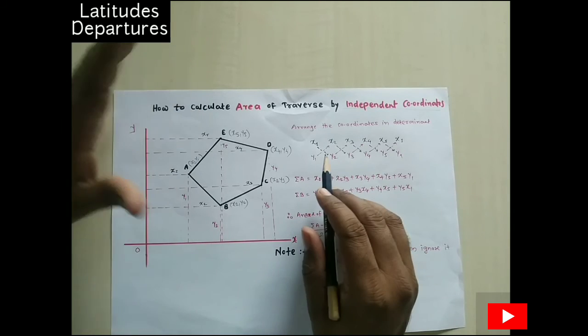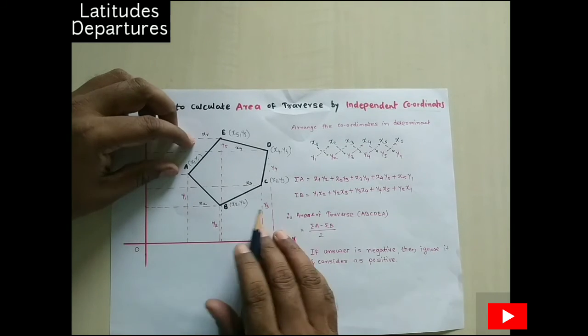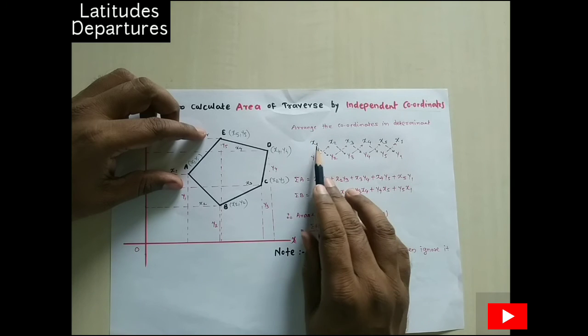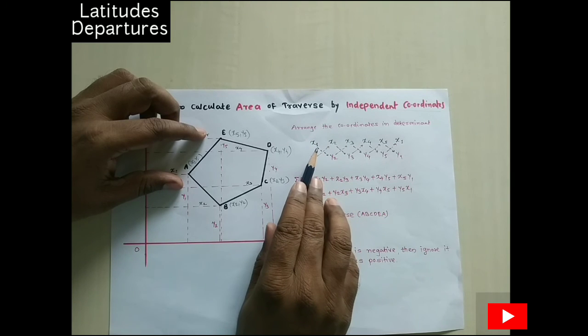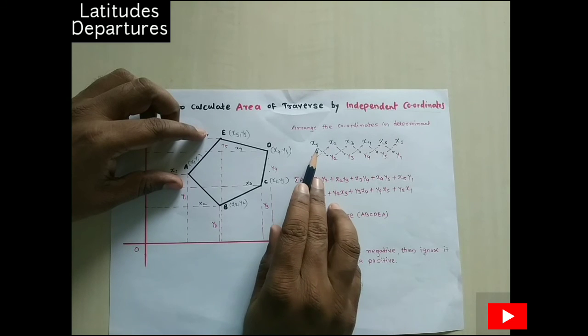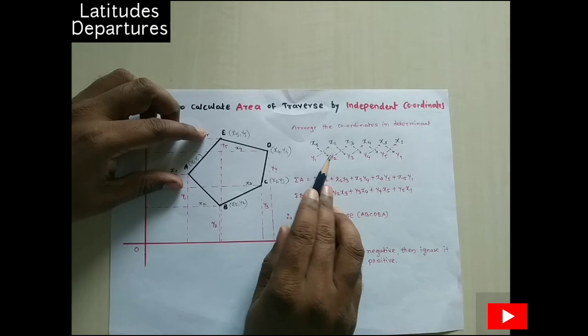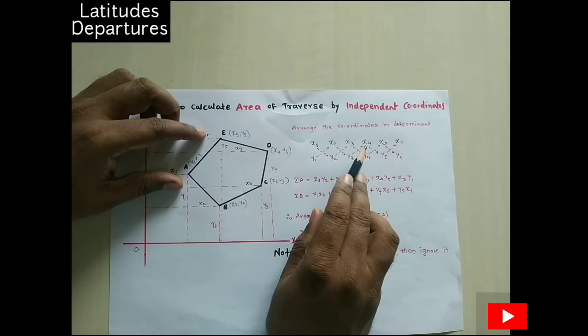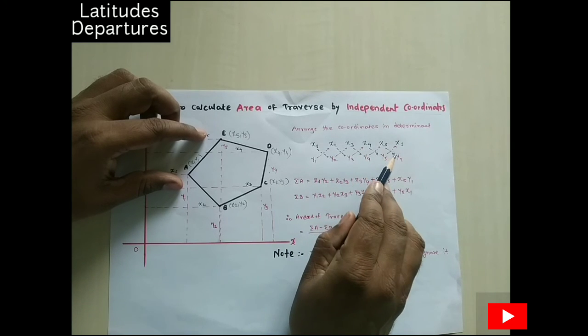So here is how to determine the area of the traverse by using these independent coordinates. You can join with dotted lines x1 to y2, x2 y3, x3 y4, x4 y5, x5 y1 again.